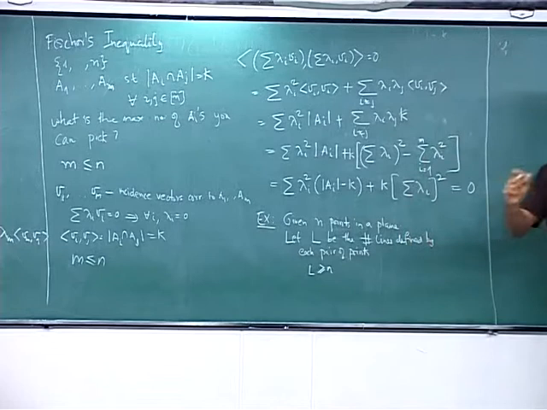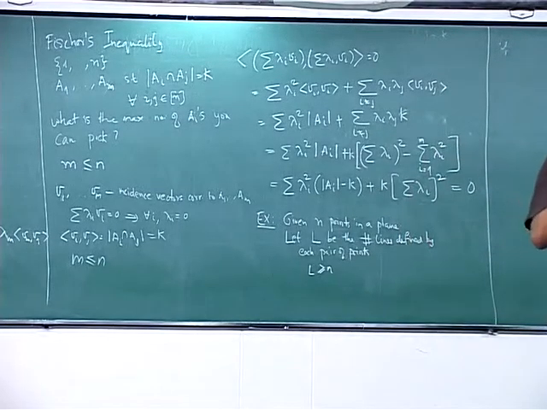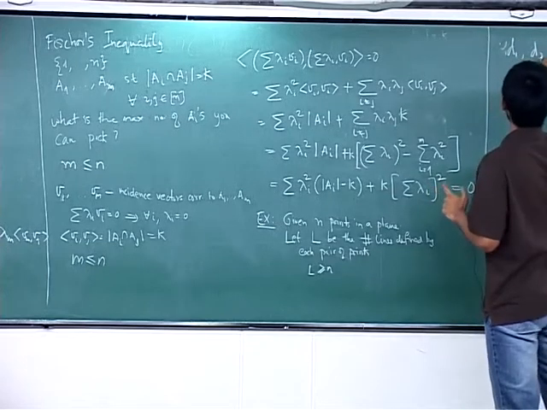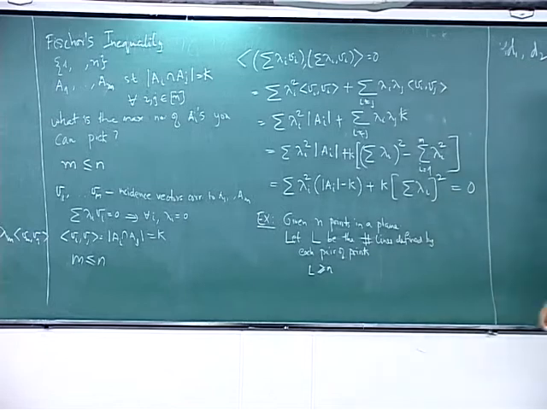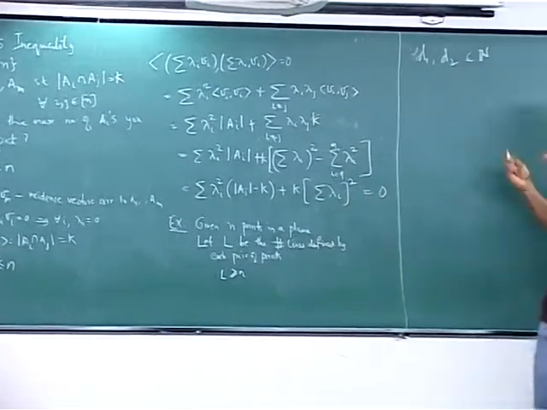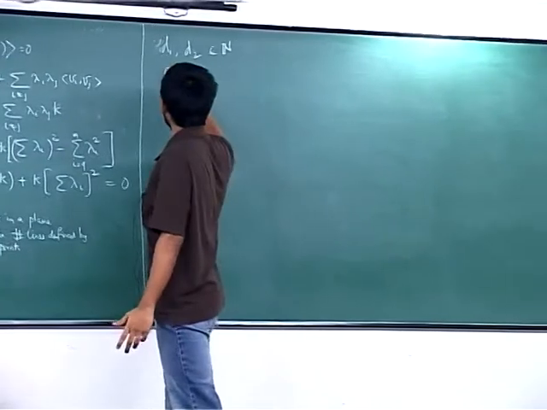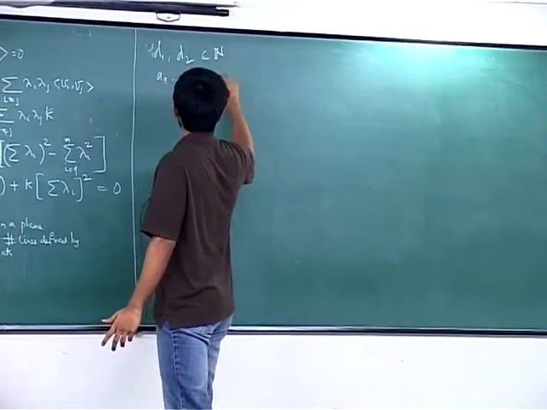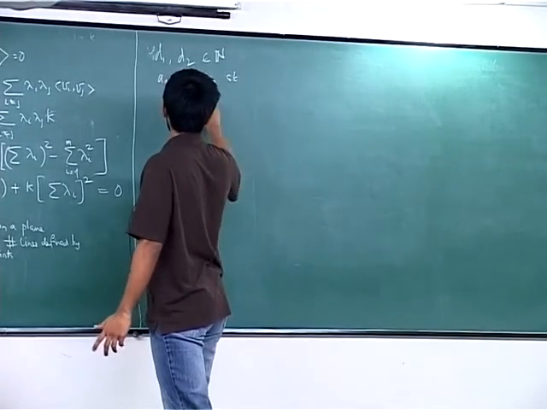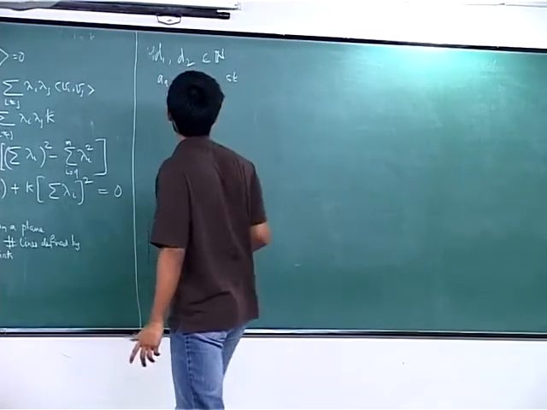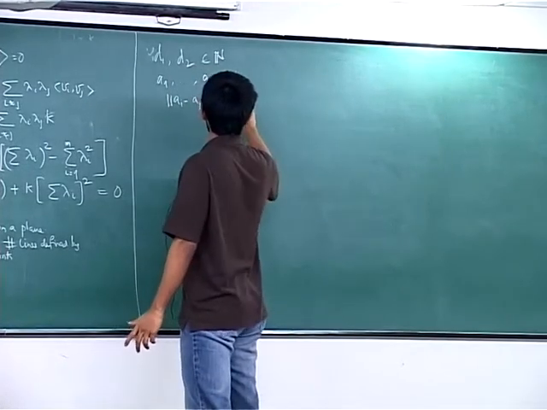You want to find n points in R^n such that the distance between any two of the points is one of two numbers. So you're given two numbers, say d1 and d2. Now you want to find points a1 to am such that the distance between any two of them is equal to either d1 or d2.